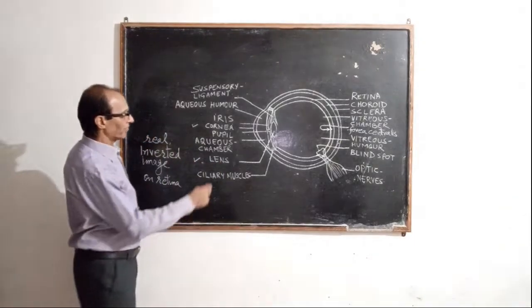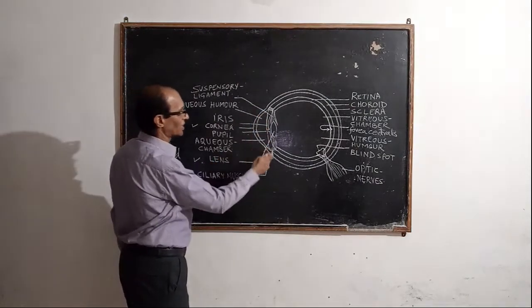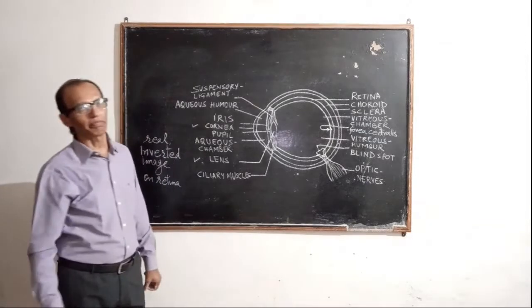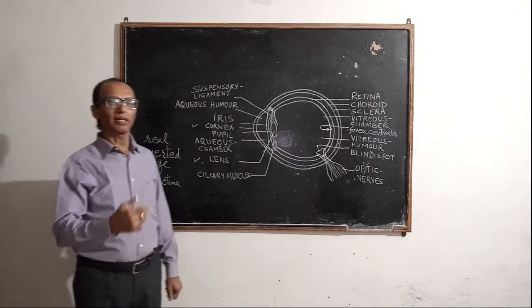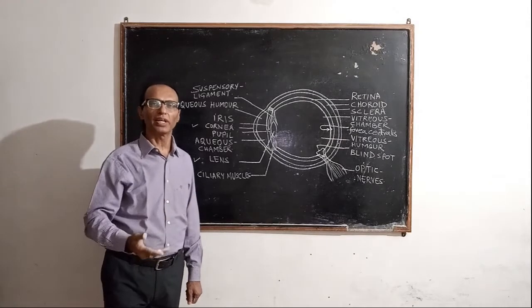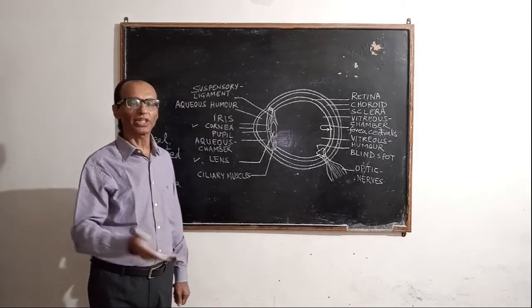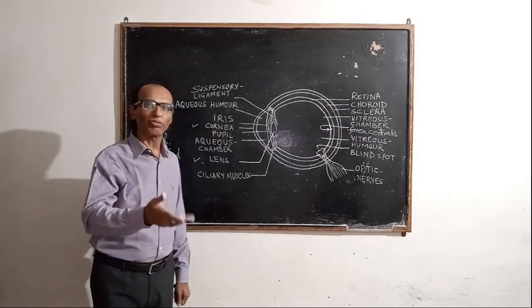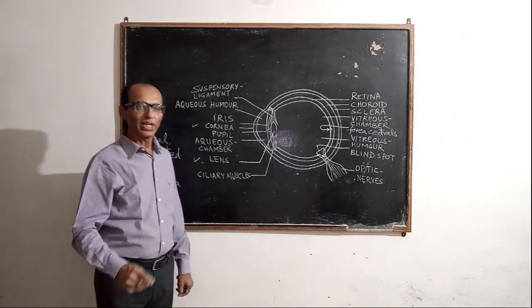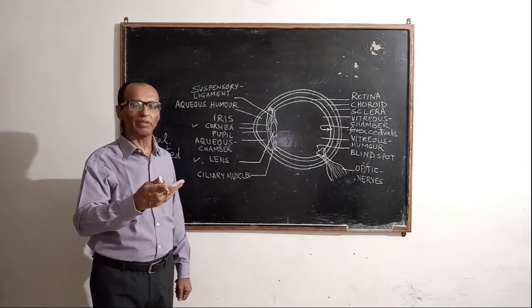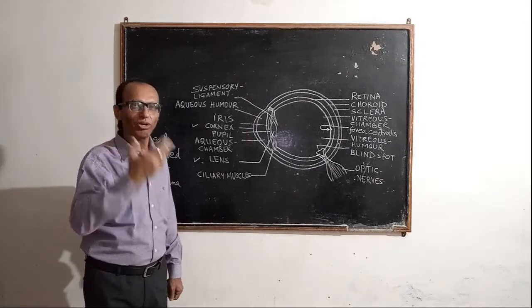Right. Then we have these ciliary muscles. Very important. When you are studying for exams, or reading for fun's sake, and you get too much involved in reading, you are holding the book close to yourself and straining your eyes.